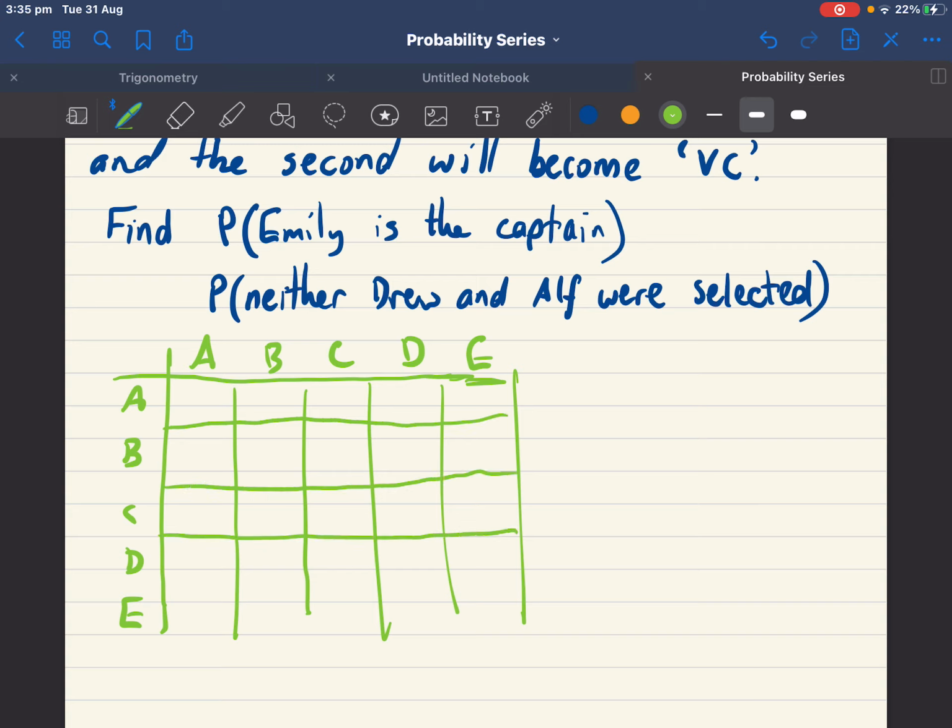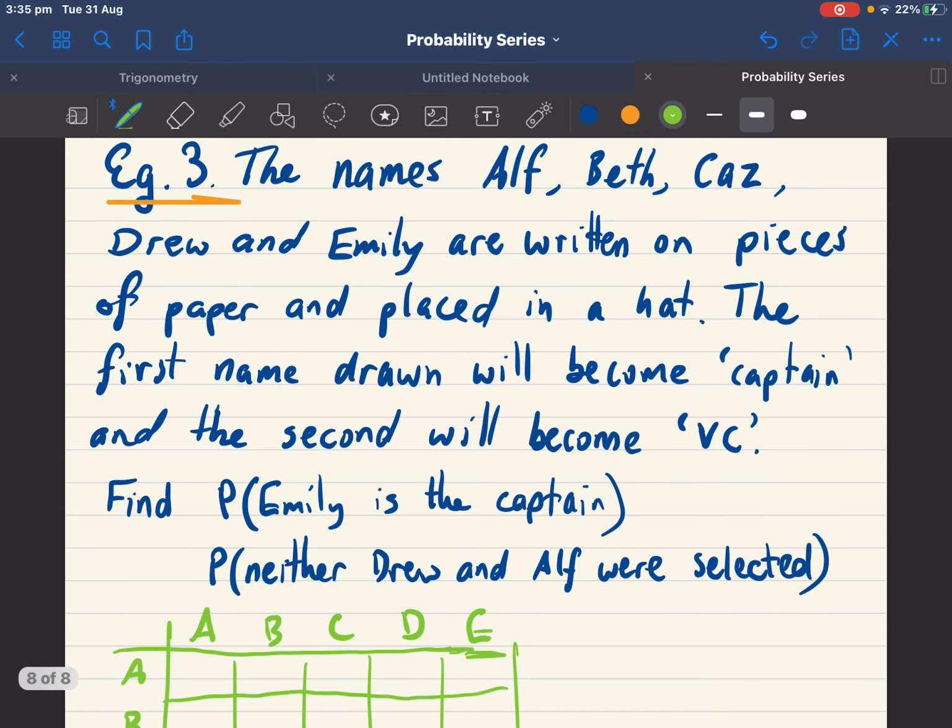And so you might say, oh, okay, well, the probabilities are going to be out of 25, but not quite with this one because there was no replacement. Although the question didn't specifically say it's without replacement, lots of questions will actually say no replacement. This one was just so self-evident that a person couldn't be captain and vice captain.